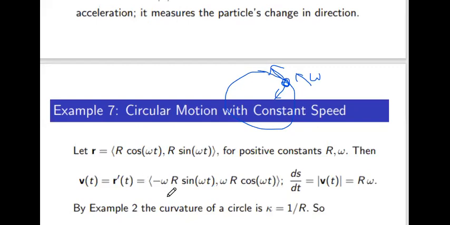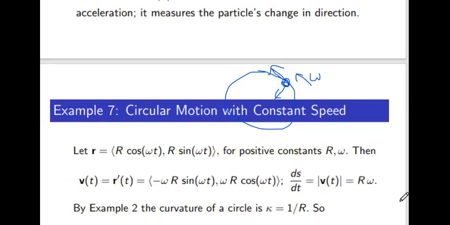Let's find the magnitude of this vector. Square root of this one squared plus this one squared, which is r omega. That is ds by dt, the rate of change of distance, which is the speed, the magnitude of velocity.